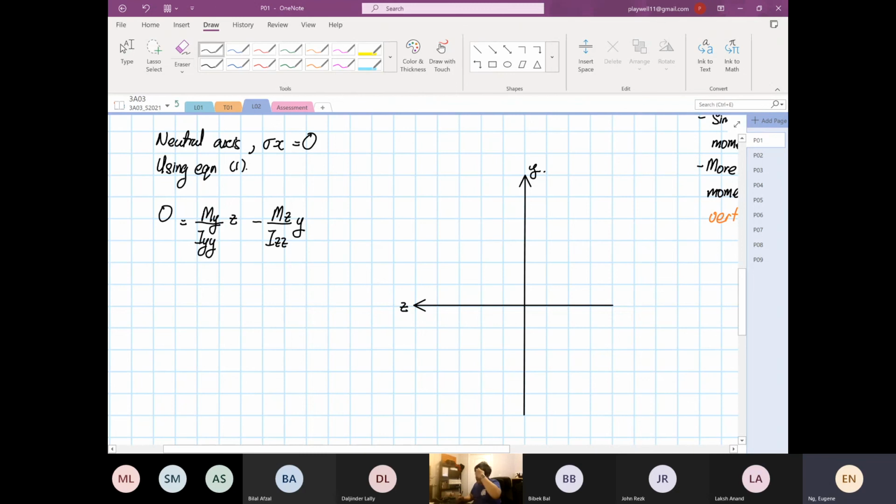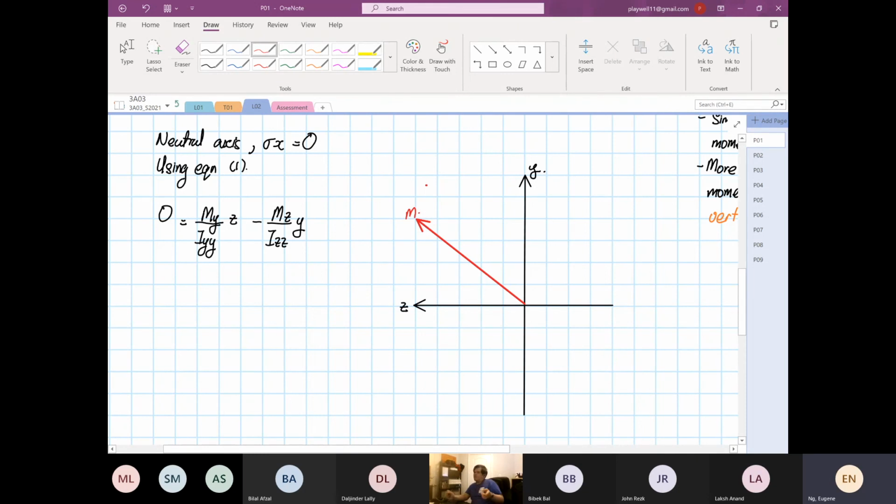Okay, and then for this to happen, we have two components of the moments. We got moments about the y-axis and moment about the z-axis, and this is our resulting moment. Okay, so I'm going to draw our resulting moment. Okay, so this is our resulting moment, and we're going to call it M.